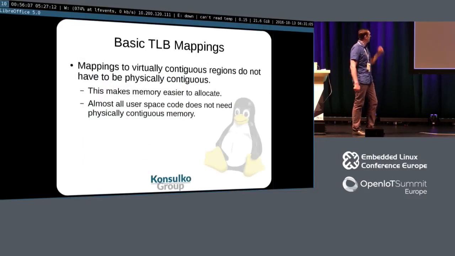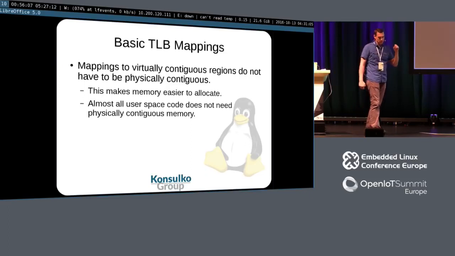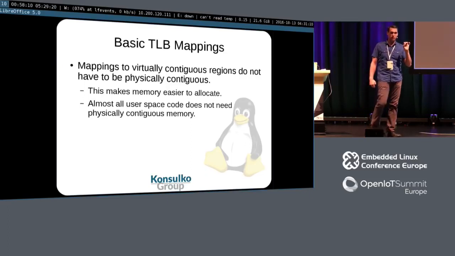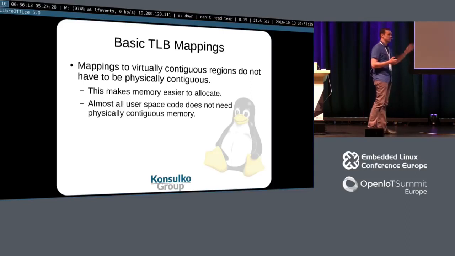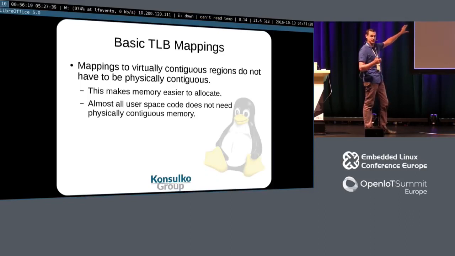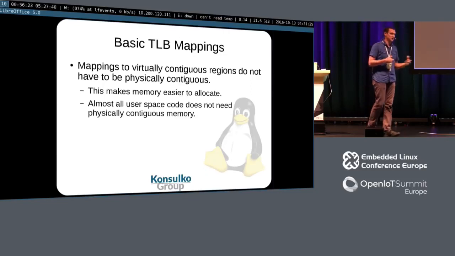All right. So just as I mentioned with kernel virtual addresses and that vmalloc space, it's not guaranteed to be contiguous in user space virtual addresses, so don't rely on that. We already said that's why you can't use them for DMA. And one of the reasons for that is it makes it much easier to allocate memory.